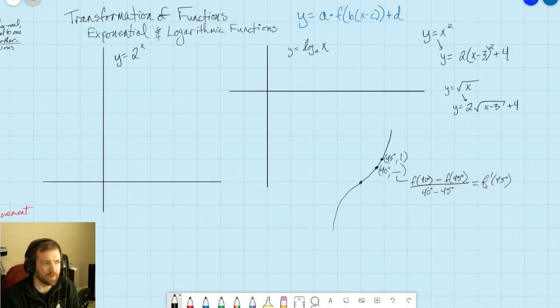It's approximately equal to the slope of the tangent line at 45 degrees, and then I say, you know what, it's close enough. We'll solve for this, add f of 45 to the other side, and then it's just calculus. So it's not a huge deal.